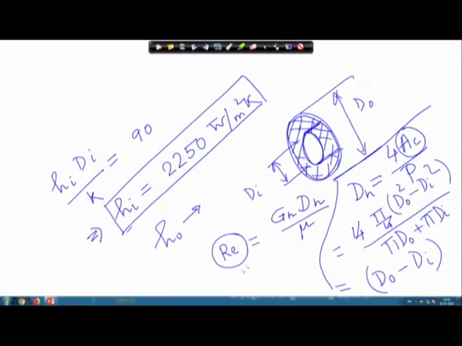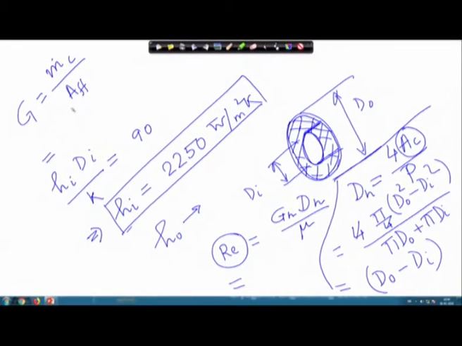In that case, the Reynolds number corresponding to this is based on G. How much is G? G is basically the cold fluid mass flow rate divided by the free flow area. What is that free flow area?